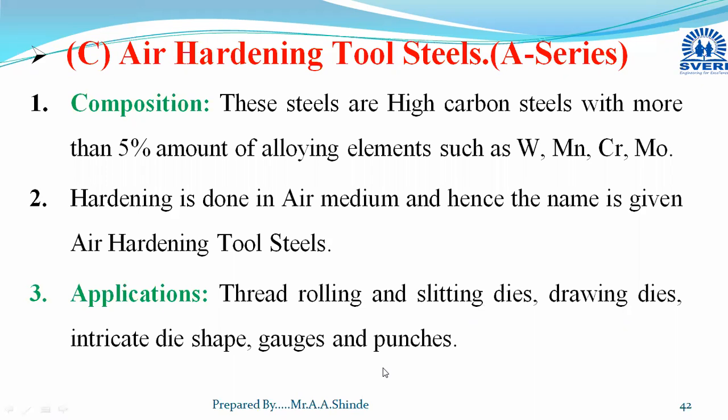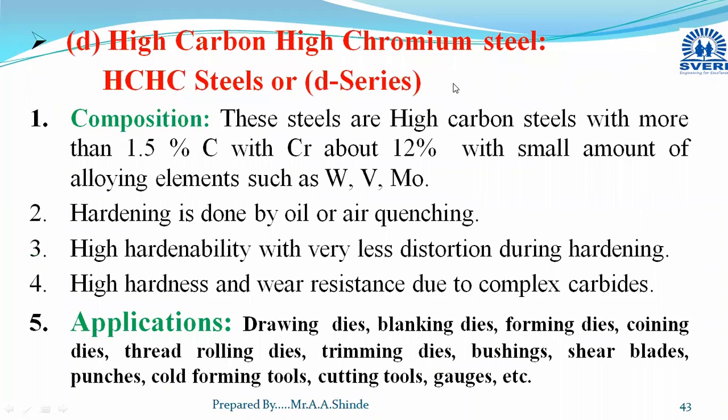Then the last type in cold work tool steel is high carbon, high chromium steels. These are also termed as HCHC steels, and this series is designated by the D series.